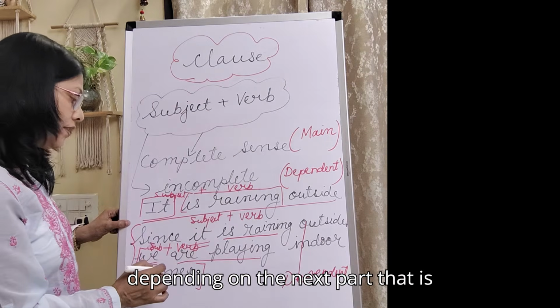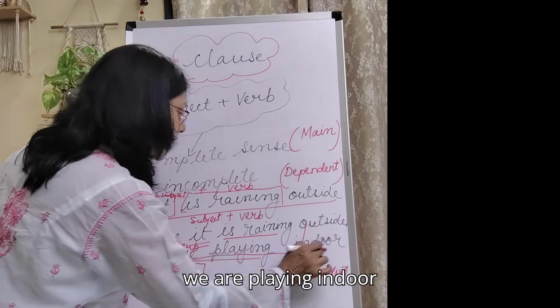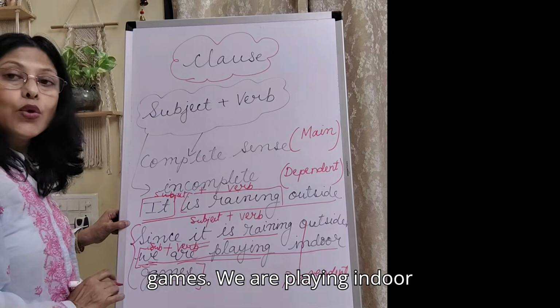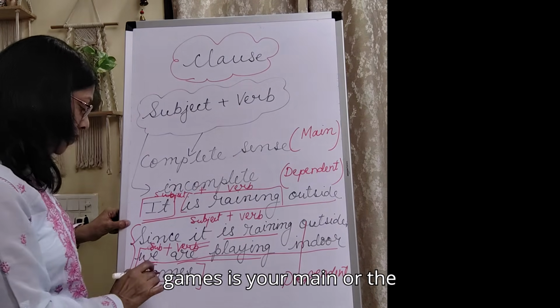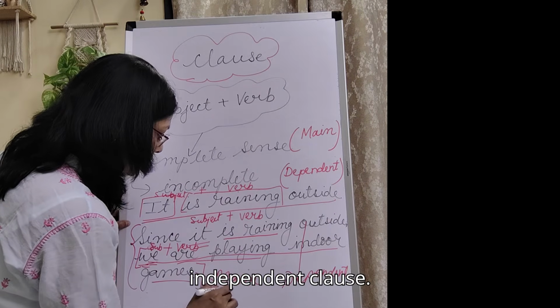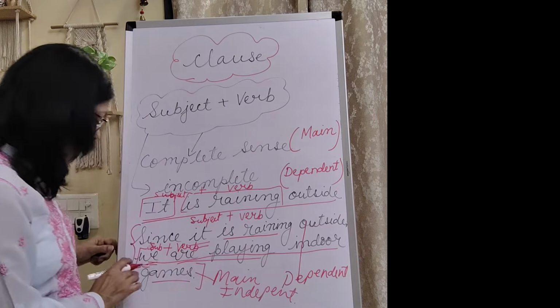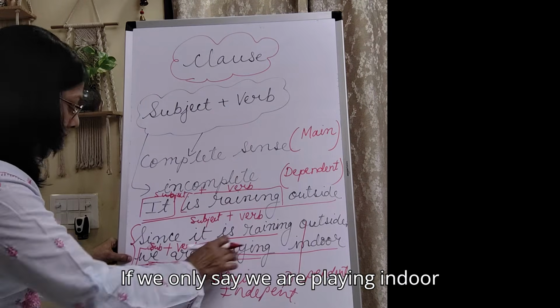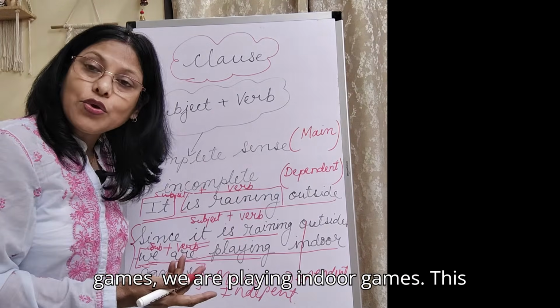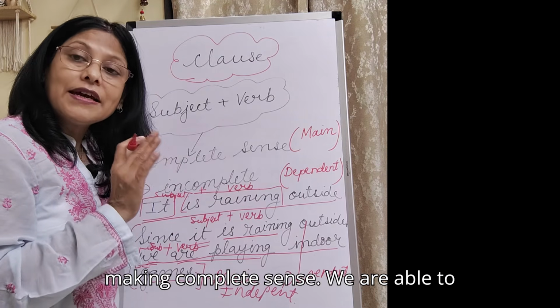It is depending on the next part, that is, we are playing indoor games. We are playing indoor games is your main or independent clause. Why? If we only say we are playing indoor games, this is complete in itself, because this is making complete sense.